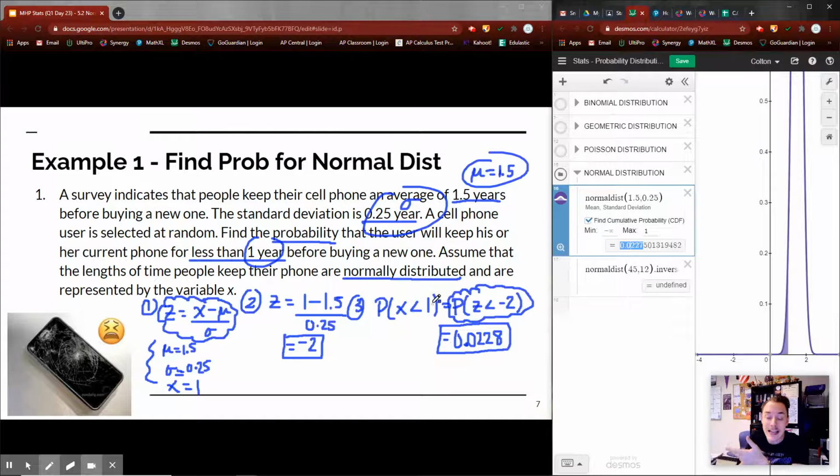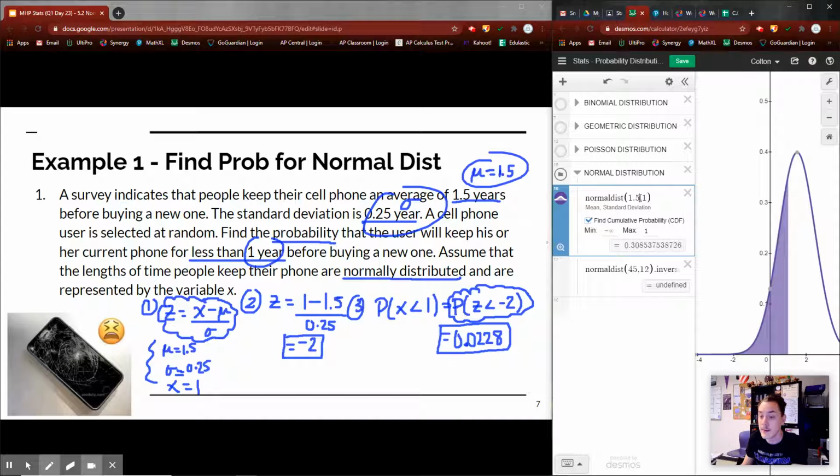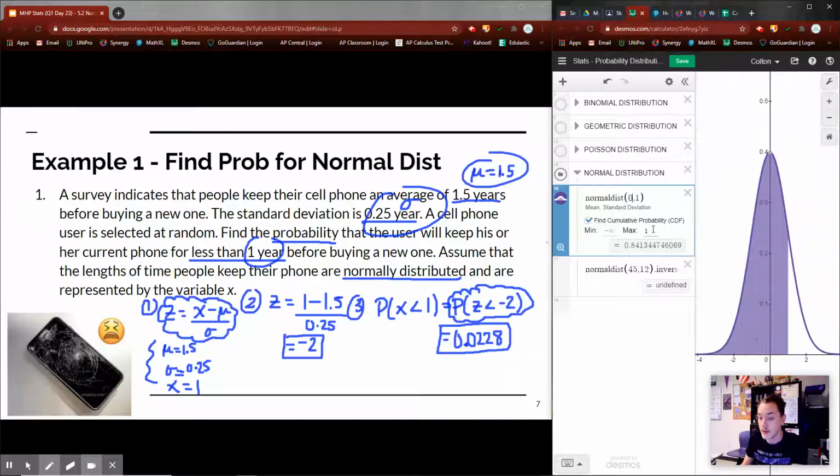But my mean and standard deviation change depending upon which one I use. If I use my value formula, then I have to change my standard deviation to 0.25 and my mean to 1.5. If I use my z-score probability, I have to change my standard deviation to 1 and then my mean to 0. Which, of course, I then need to put in my z-score, which is -2.